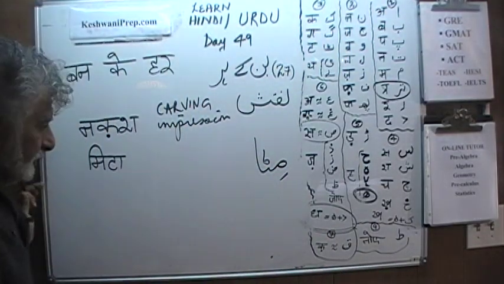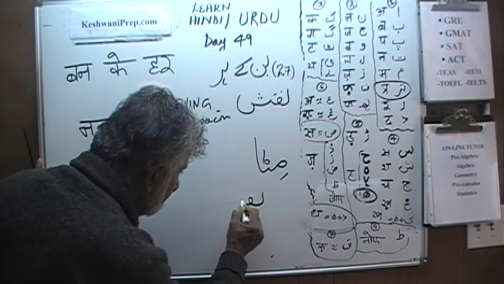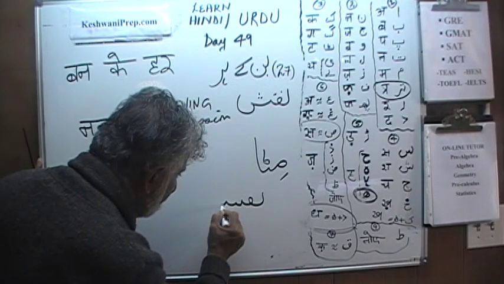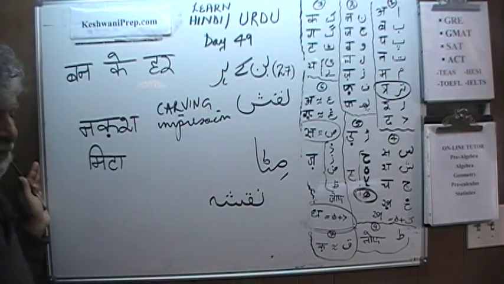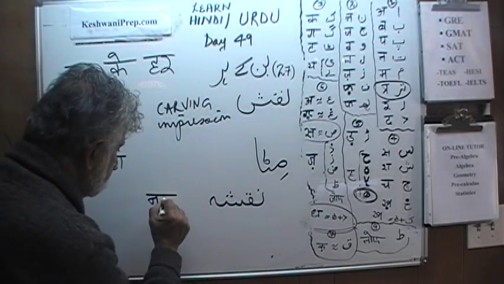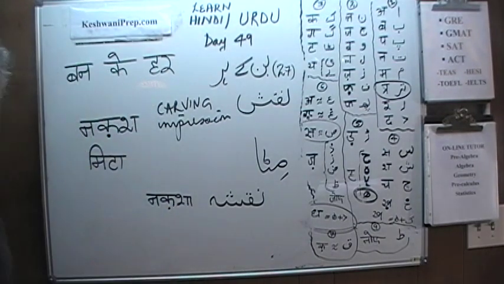From the word naqsh, okay, let's take a look at it one more time. Here's na, qa, and then sh, and then you make 1 more and a har like that. That reads naqsha. Naqsha means map.